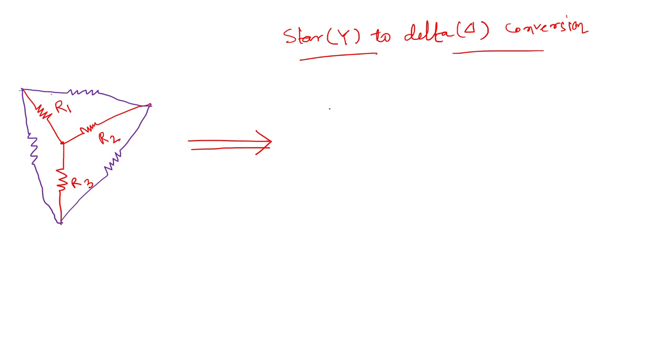Suppose this one is RA, this is RB, and this is RC.